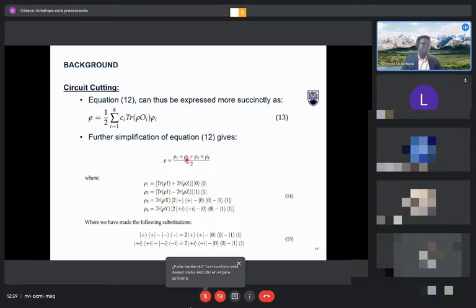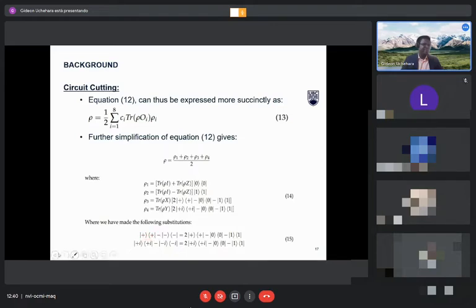That is why I just group different terms together and split it into 4 different terms here: rho sub 1, rho sub 2, rho sub 3, and rho sub 4. And these are the different values for rho sub 1 all through to rho sub 4. Just for emphasis, I have made the following substitution.